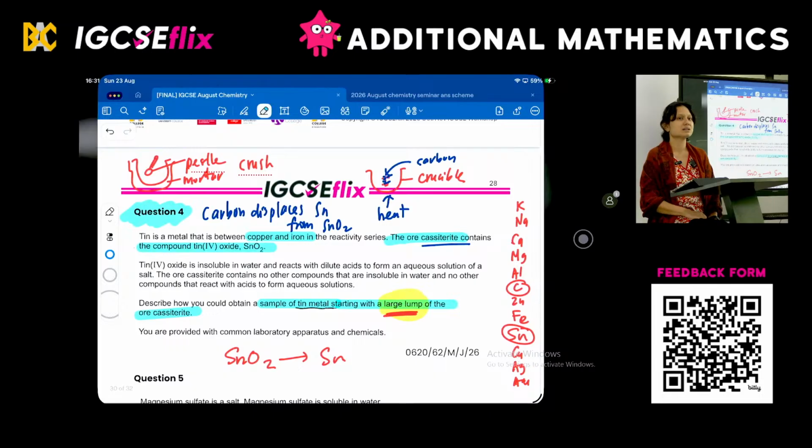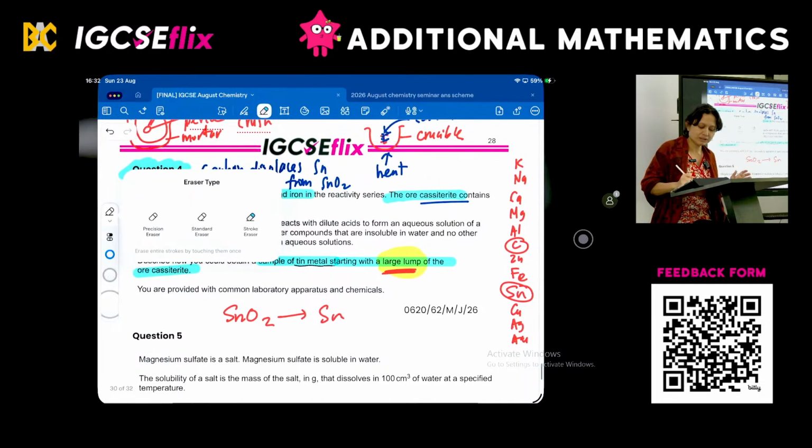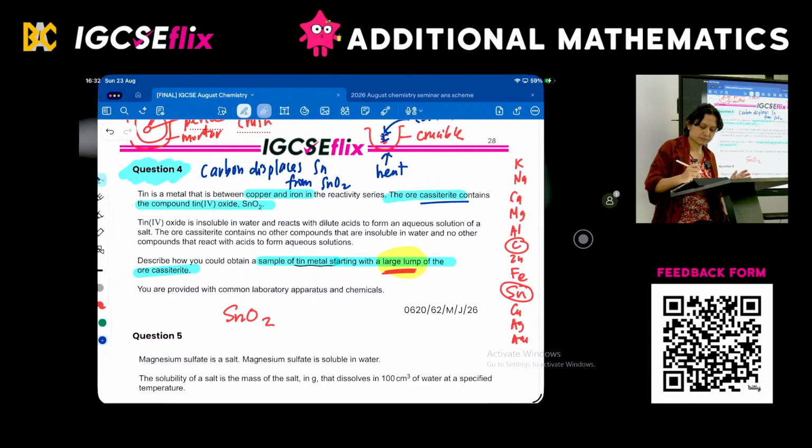This one, you just use solid. Take the solid, crush, make powder, put in crucible, put carbon, heat, ta-da! Reaction happened already. Haven't you all done this before? The carbon is more reactive, it will steal the oxygen, say it's mine, and I get tin. Like that.